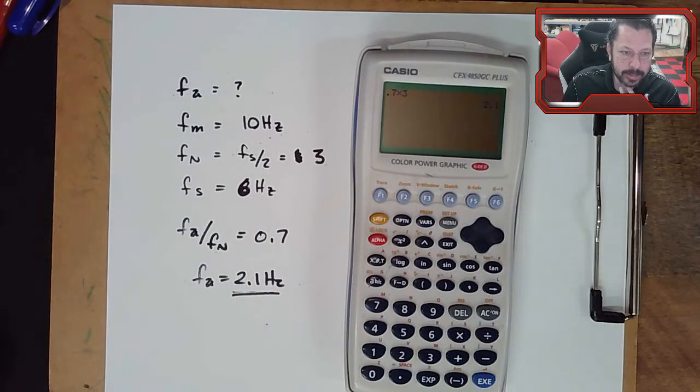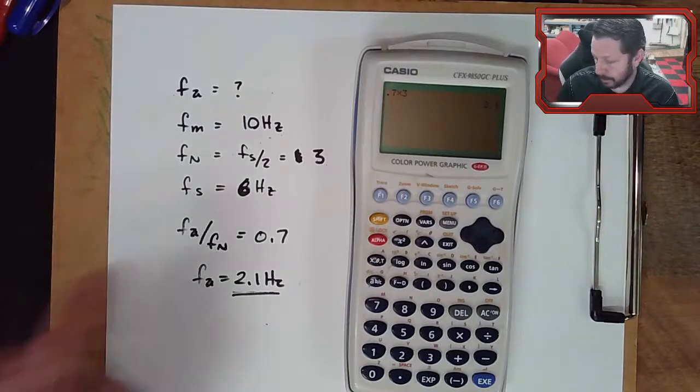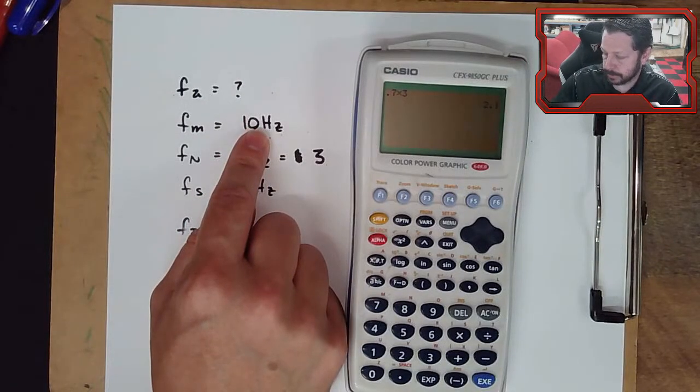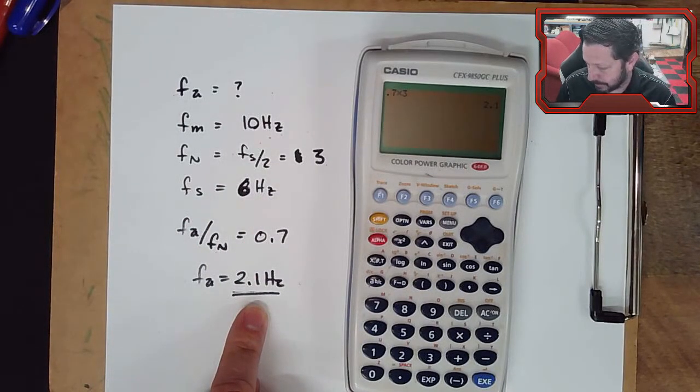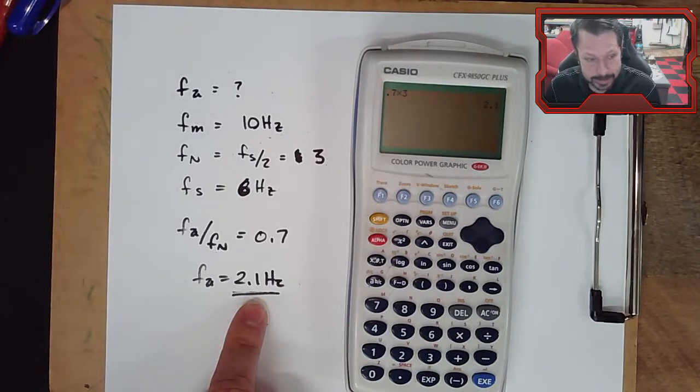So these folding diagrams are just kind of an academic thing, just so that you know that the 10 hertz signal showed up as something that it's not actually. This is its alias, basically.